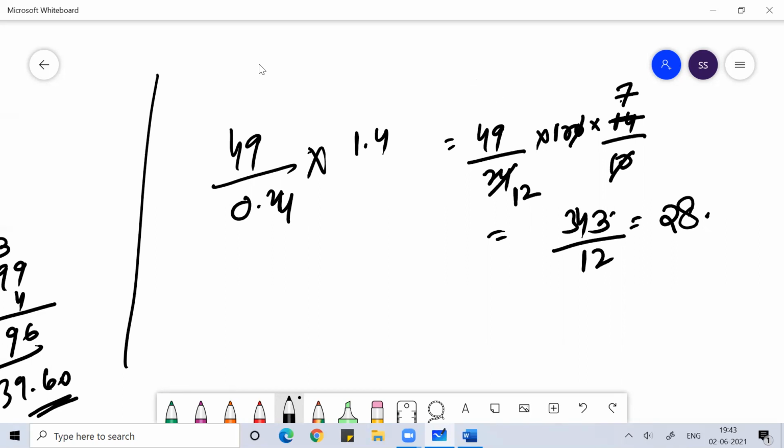So 14, this is 0. If I divide by 12, 2 times 24 is 24. 103 minus 96 is almost 7. 70 means 5 times. 100 means 8 times. 40 means 3 times. So we get 285.833, correct? Yes, sir.